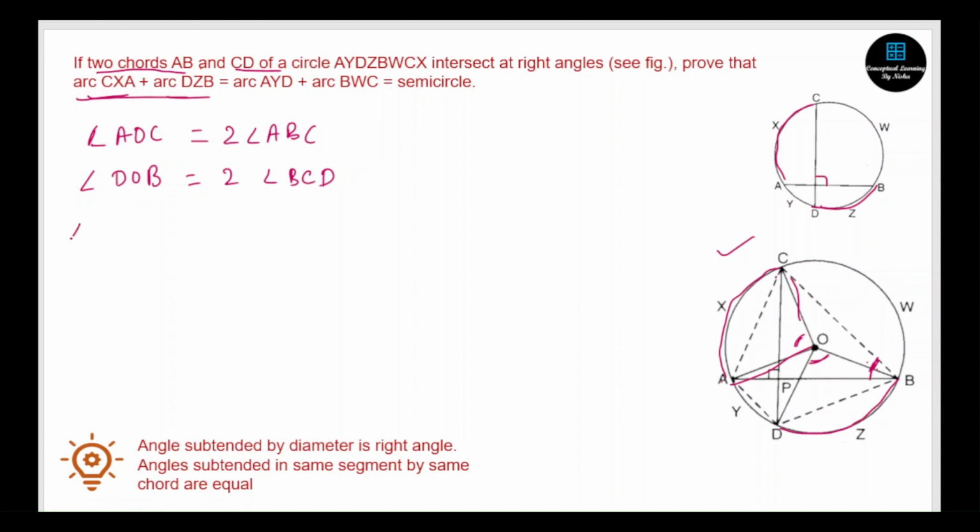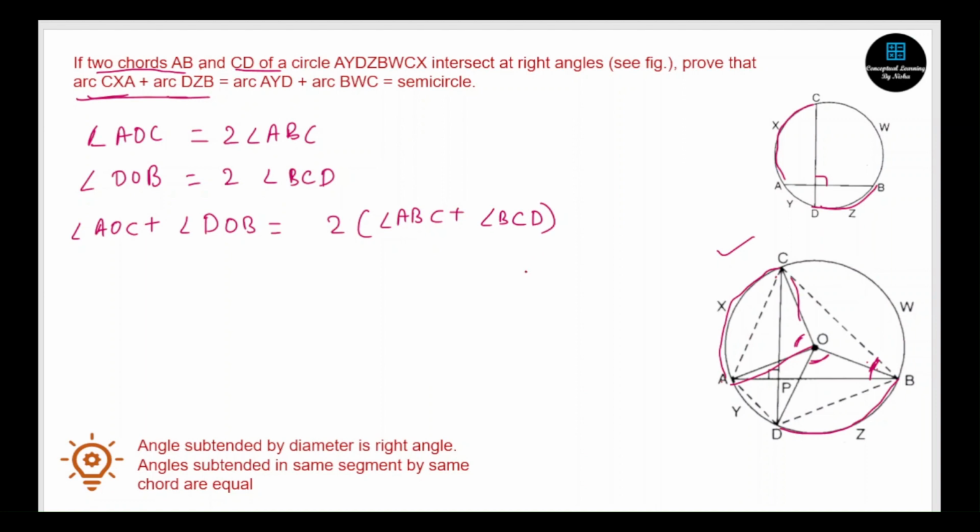So angle AOC plus angle DOB equals 2 times angle ABC plus angle BCD. Can I say that? Yes, I can.